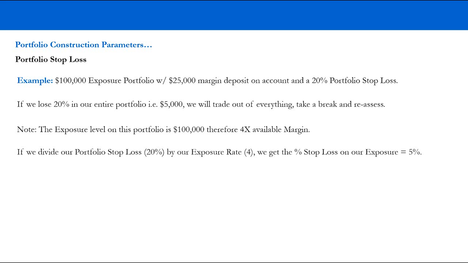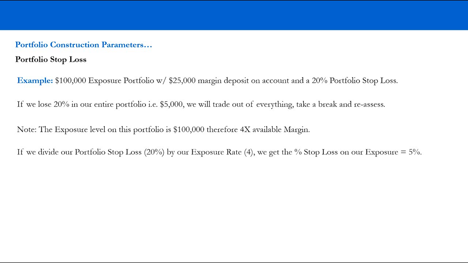And the principle that we want to stick to here in each step that we go through is that the portfolio stop loss that we stick on our portfolio is basically protecting the money that we've made in each step. Because as we're making money and building the portfolio, we're taking money out of the market and the market is paying us, and we don't want to risk our own money.